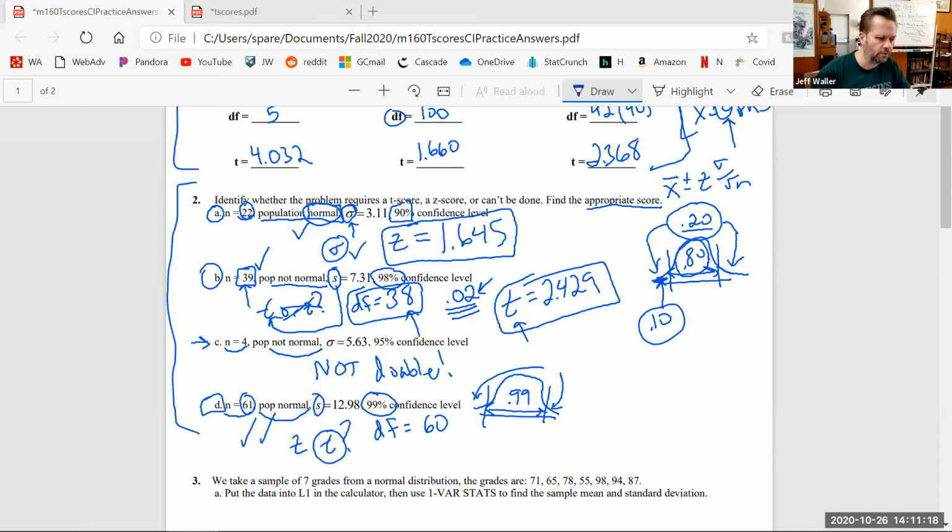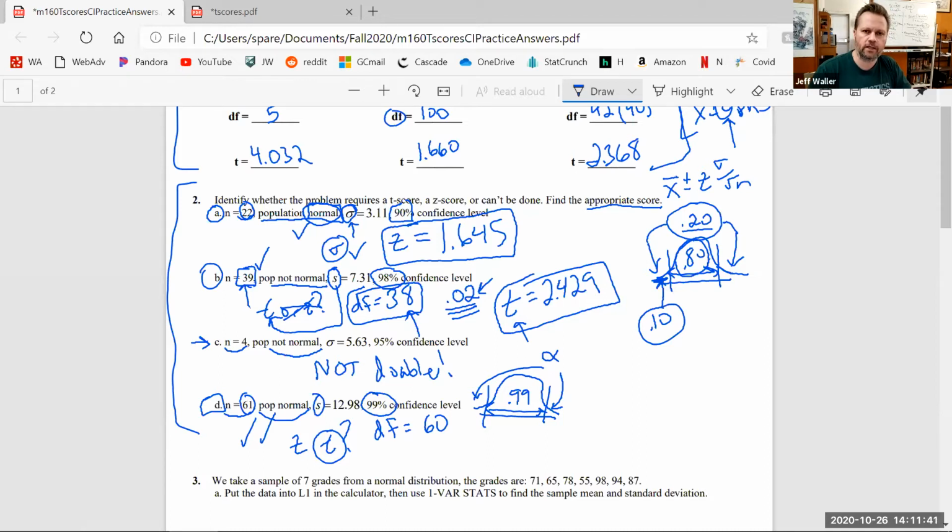So here's the symbol for the area in the tail or tails. It is the Greek letter for A because it's area. Crazy. We're very creative people, us math people. So alpha is the Greek symbol for A. It looks like a fish, which is great because it's talking about the area in the tail.